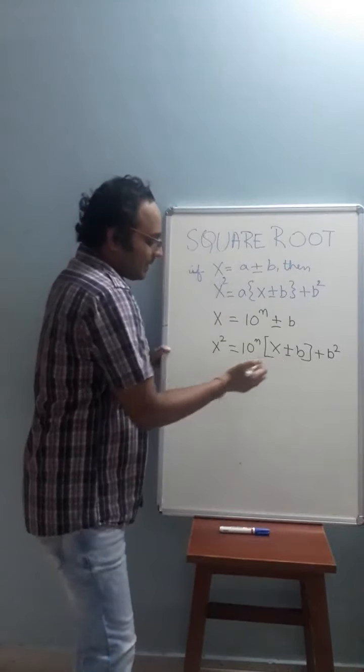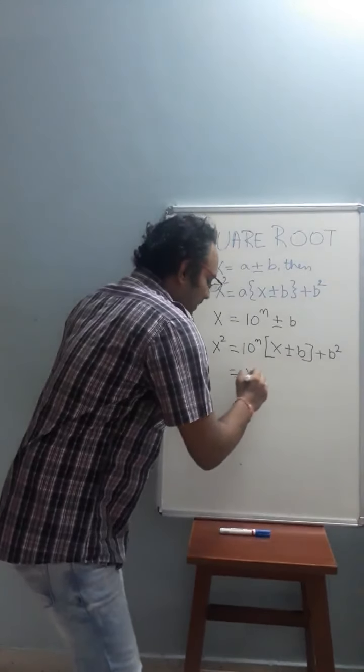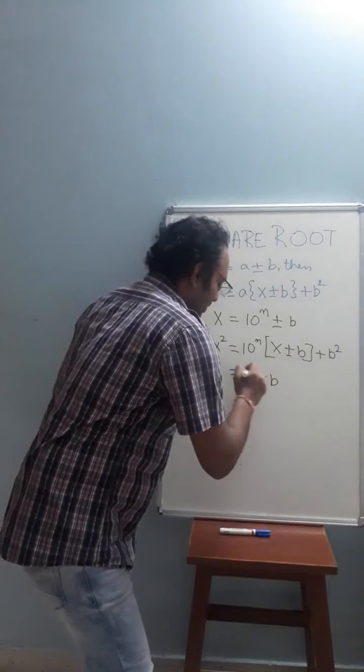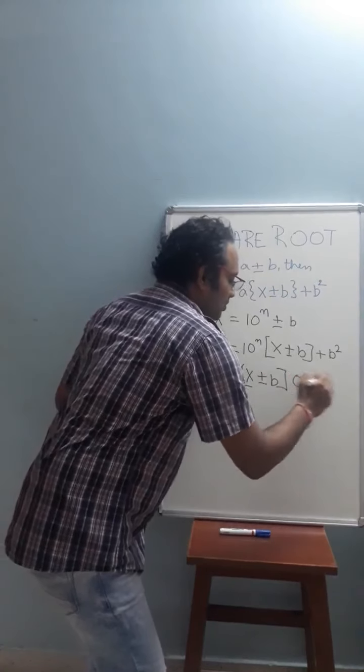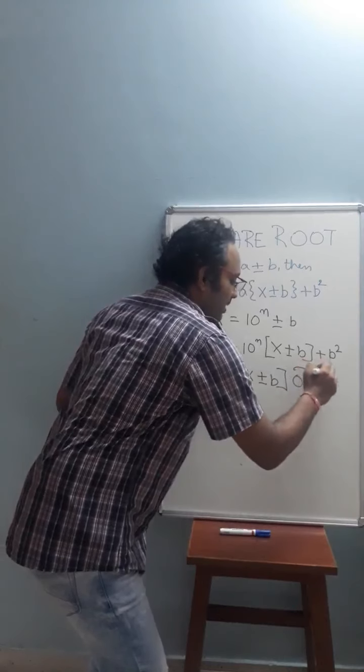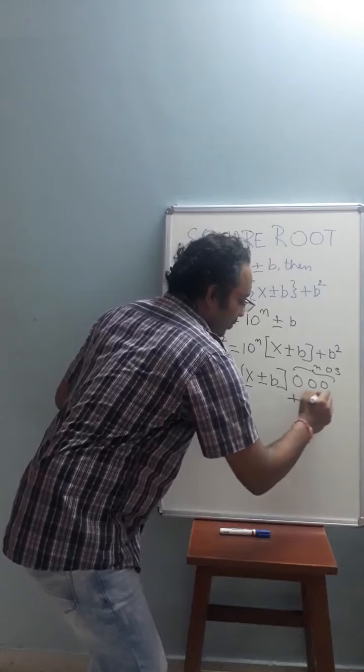X plus or minus b into 10 to the power of n is nothing but x plus or minus b followed by n number of zeros, plus b square.